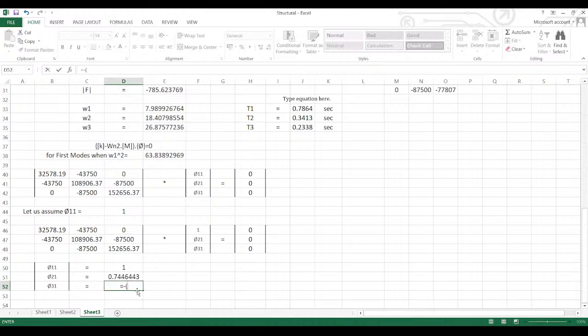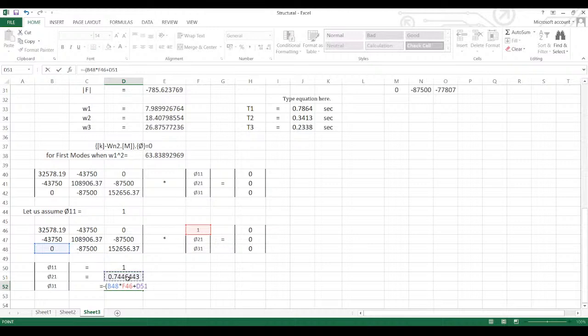No, minus, is equal to this into this, this into this, plus this into phi 2.